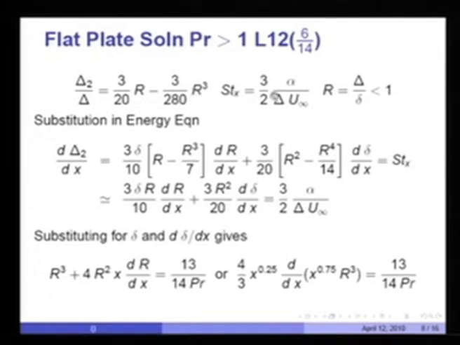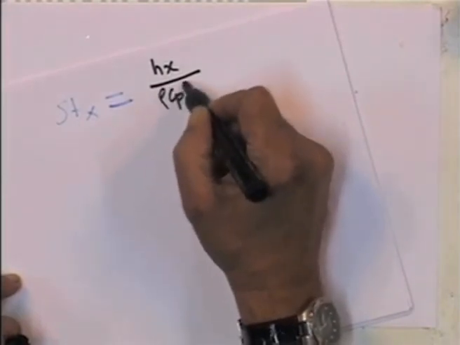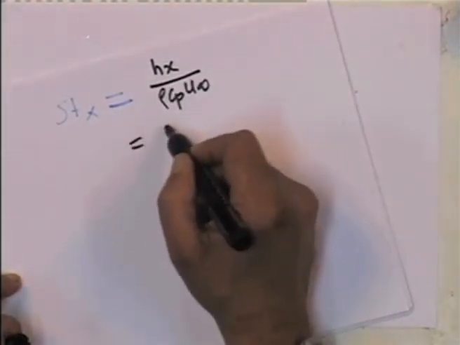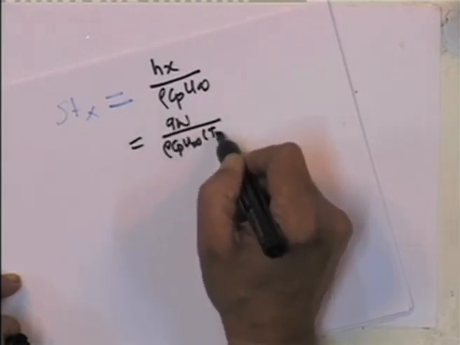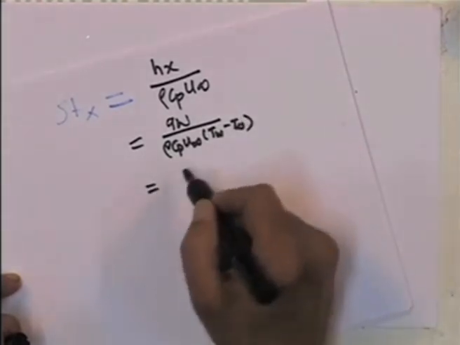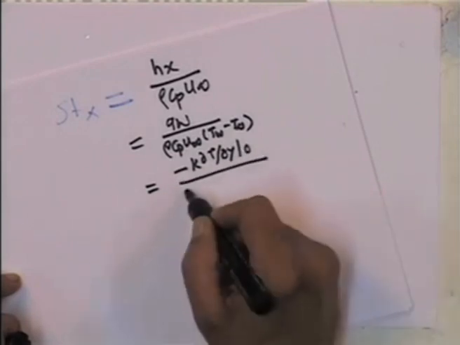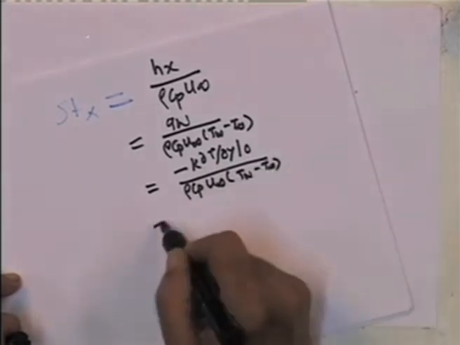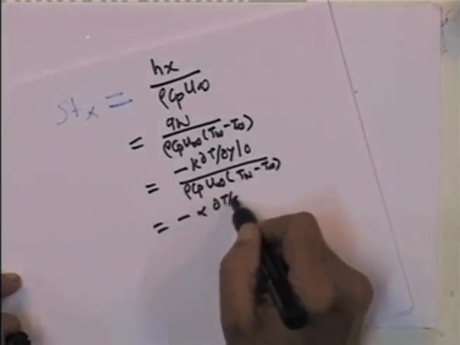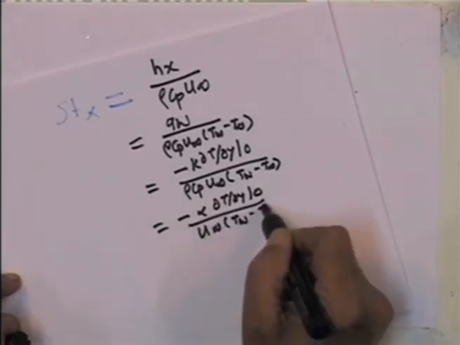Stanton x, like we evaluated this, Stanton x is nothing but, you will recall, h x by rho Cp u infinity, and that is equal to q wall over rho Cp u infinity into T w minus T infinity, and that is equal to minus k dT/dy at y equal to 0 divided by rho Cp u infinity into T w minus T infinity, which will give me minus alpha times dT/dy at y equal to 0 over u infinity into T w minus T infinity.